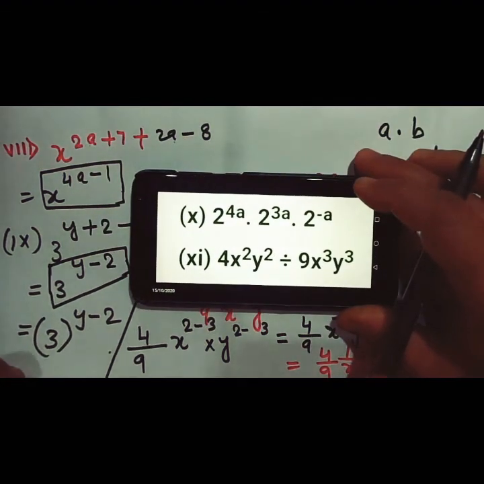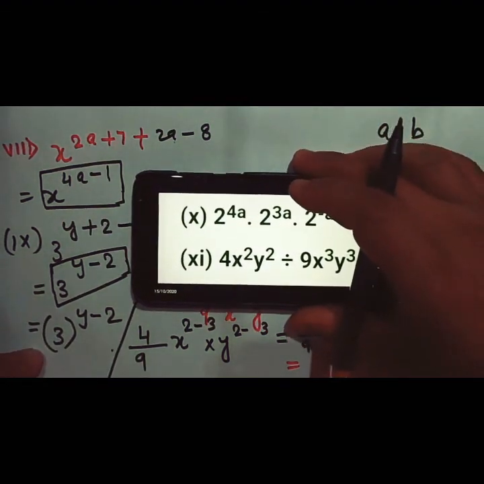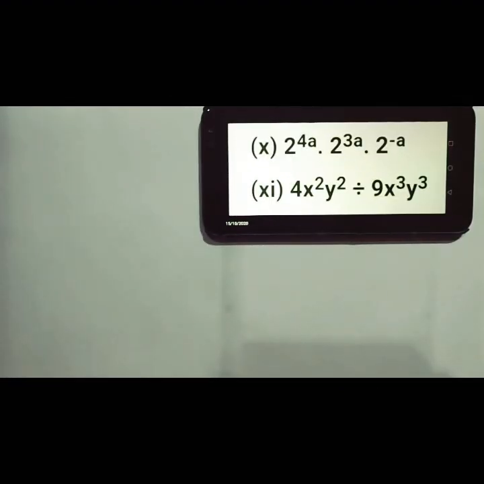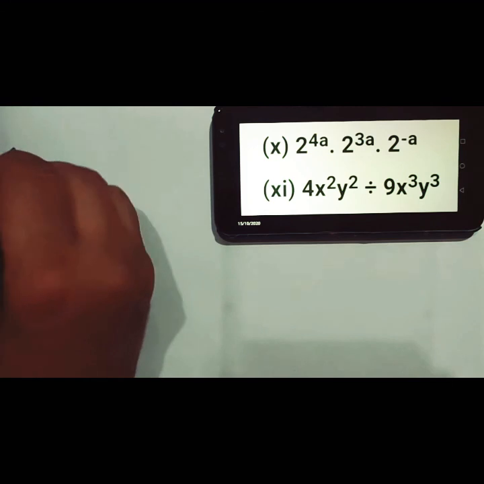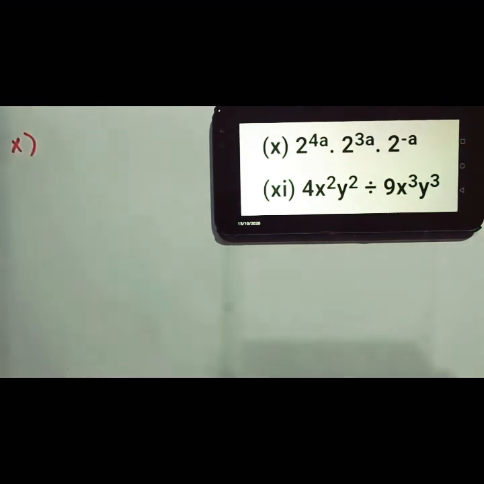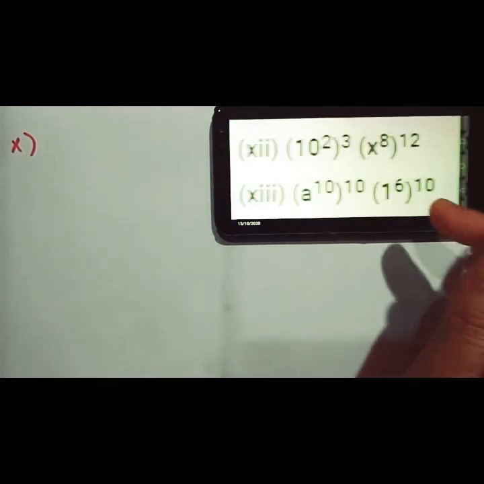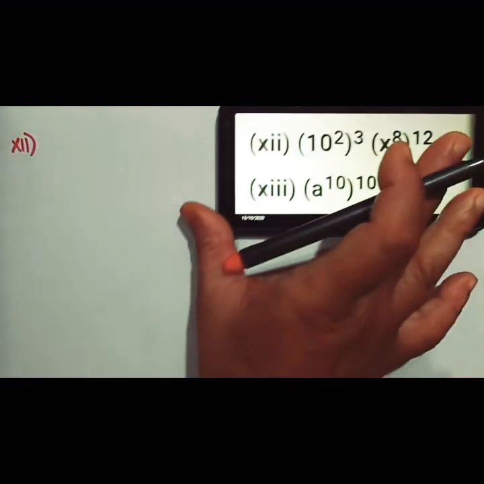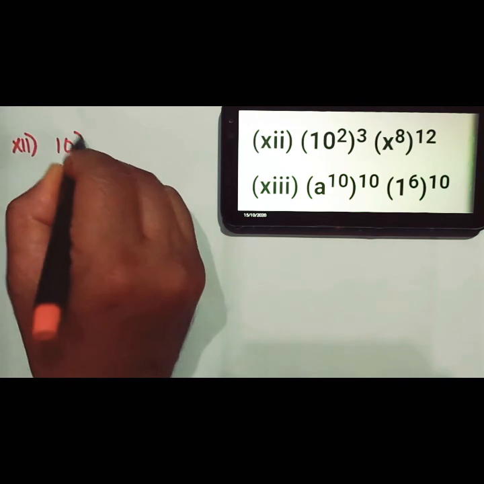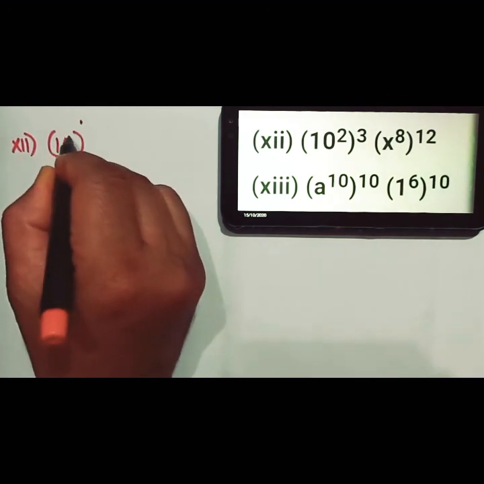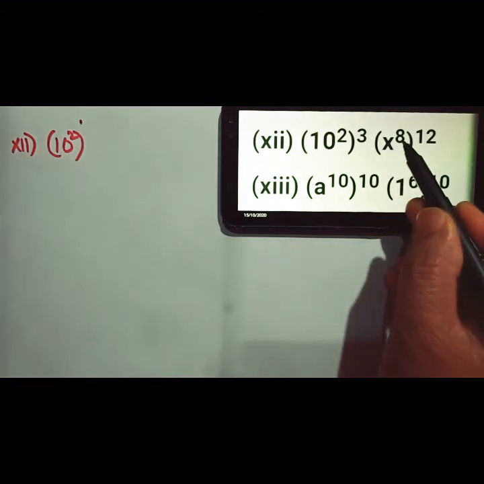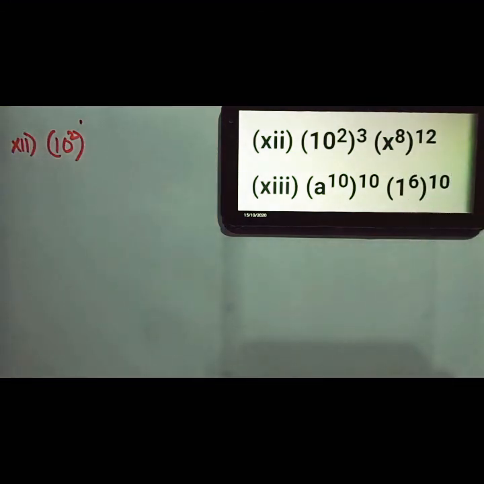Switching on to the other one, number 12. In number 12 we have 10 to the power 2, the whole to the power 3, and x to the power 8, the whole to the power 12. Okay, fine.